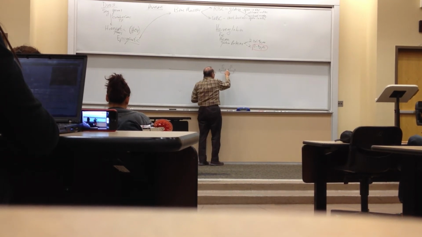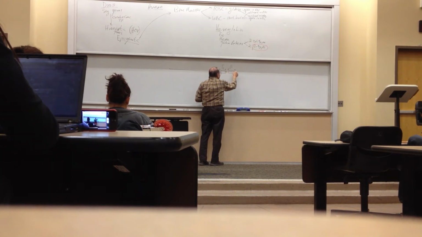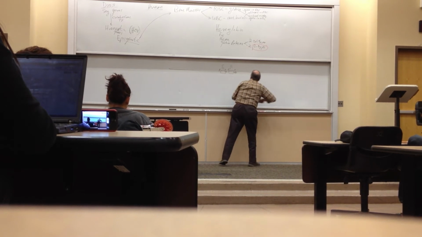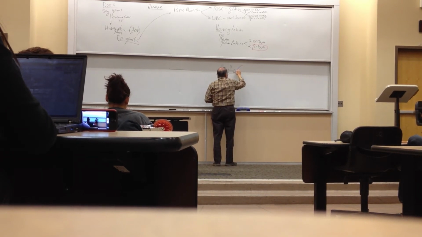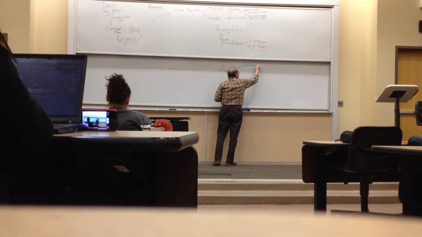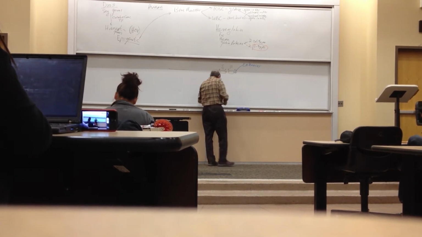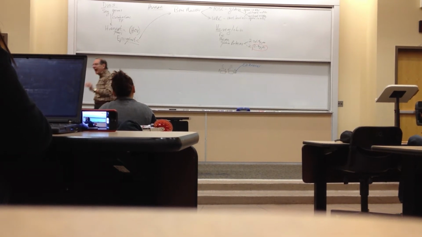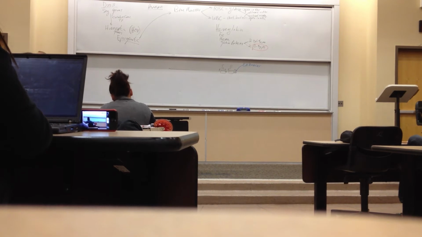The major regulator is at the 3' end, and so this is an enhancer. So the regulator for the globin genes is not located at the 5' end of the gene. The regulator is located at the 3' end.